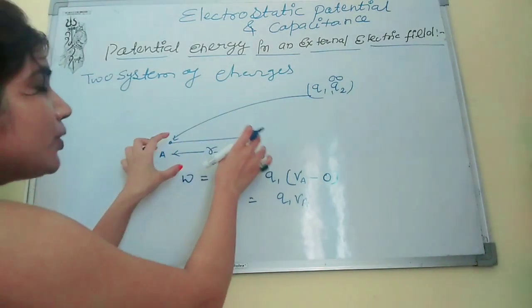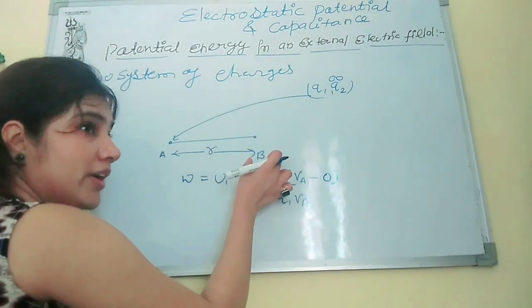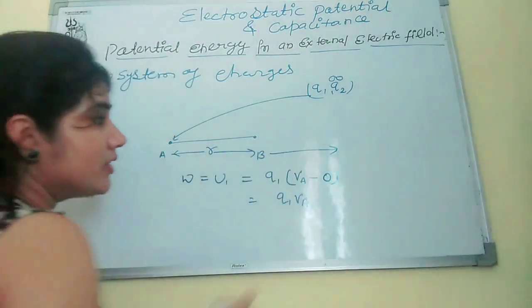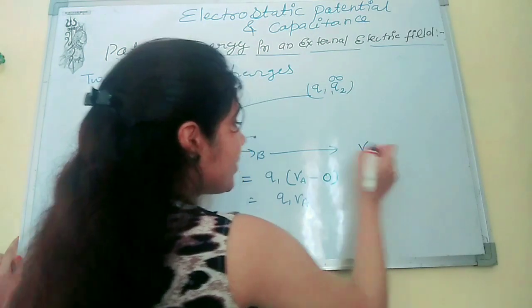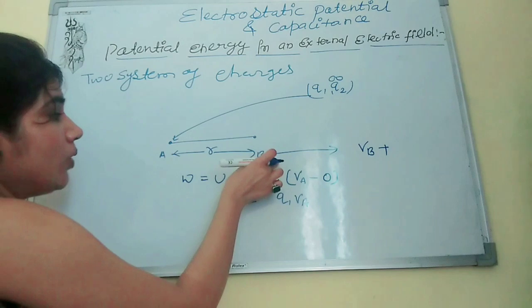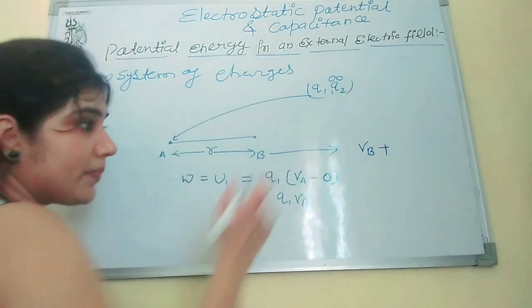So some potential will be applied because of this point B. What will be the potential at this point? That will be VB, the potential of VB, plus now this is the point which also has a potential due to Q1.